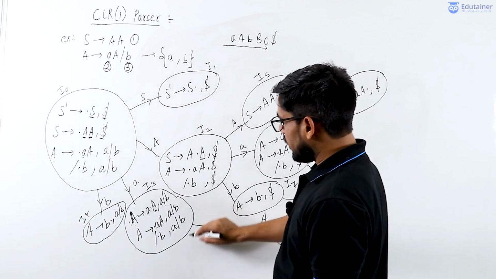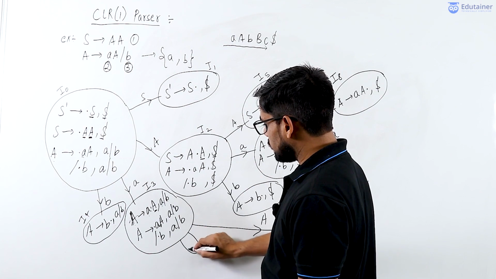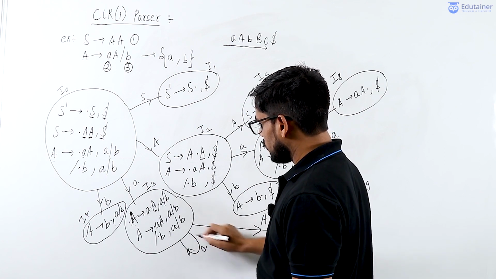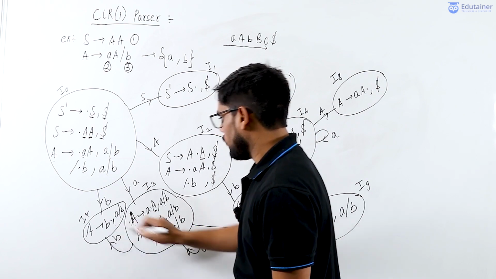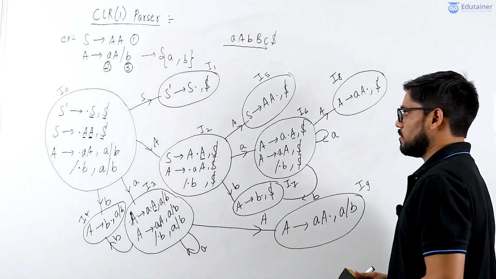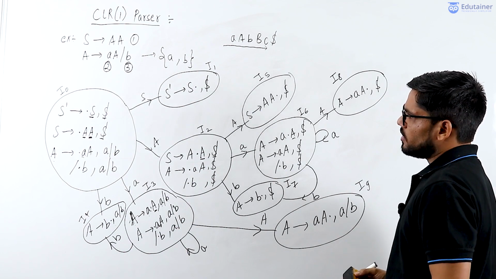And on small a and small b, small a will go to the self state, and on small b it will go to state number I4.